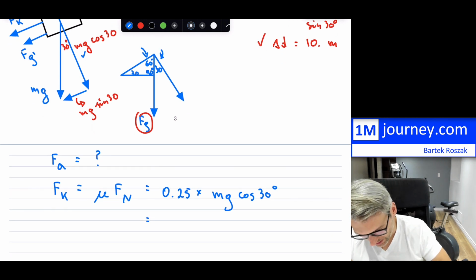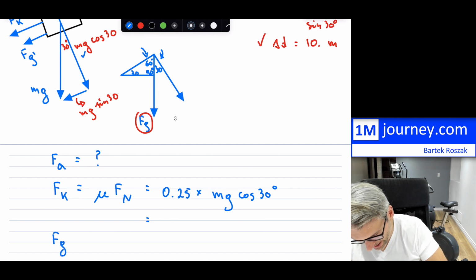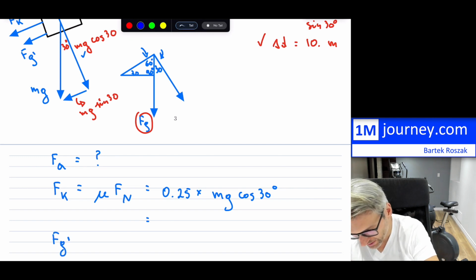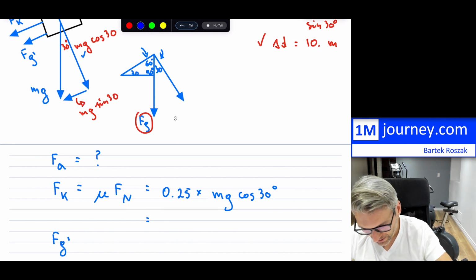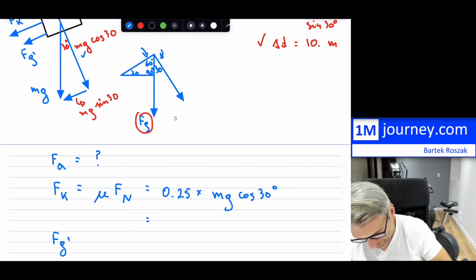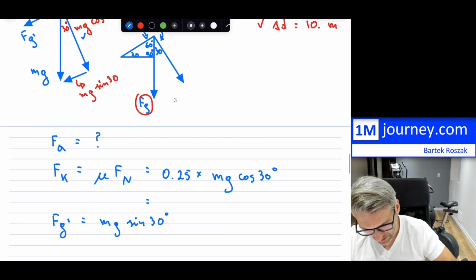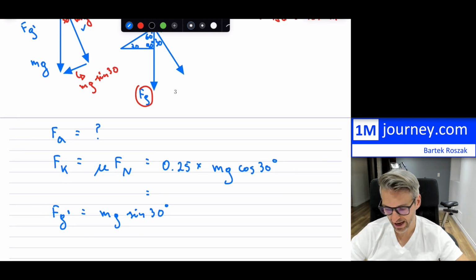And then my force of gravity in that direction, that's this little piece right there, which is opposing it. So that's going to be equal to mass, gravity, and sine of 30. So there we have it. Now I have all my forces.